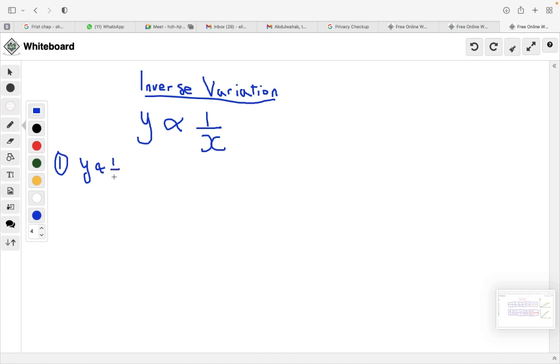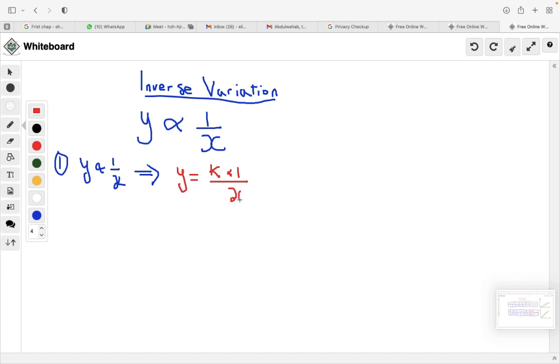We remove the symbol of variation and bring in the constant of variation, k. Y becomes, you introduce the equality sign and k, with 1 in the numerator: k times 1 all over x.